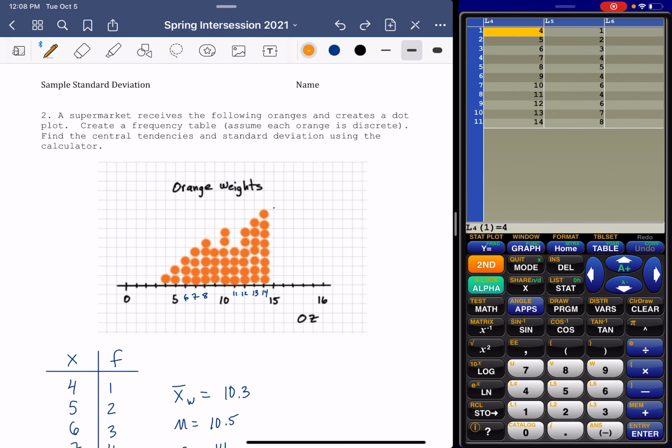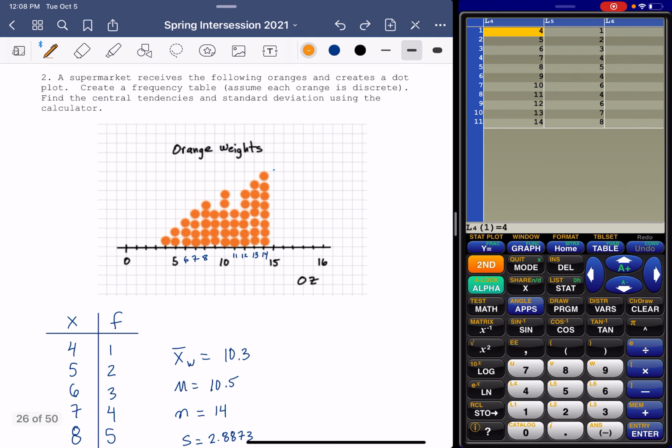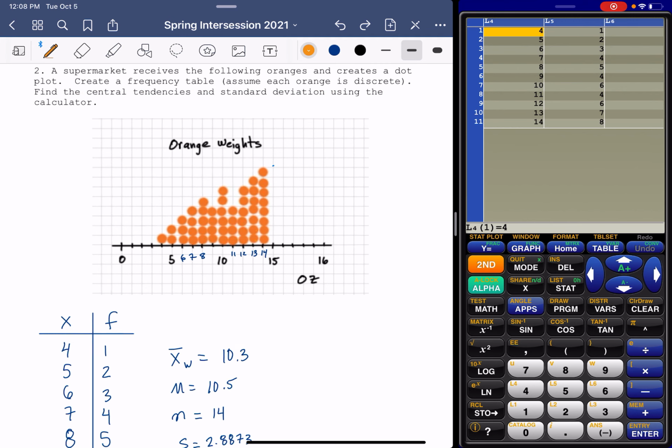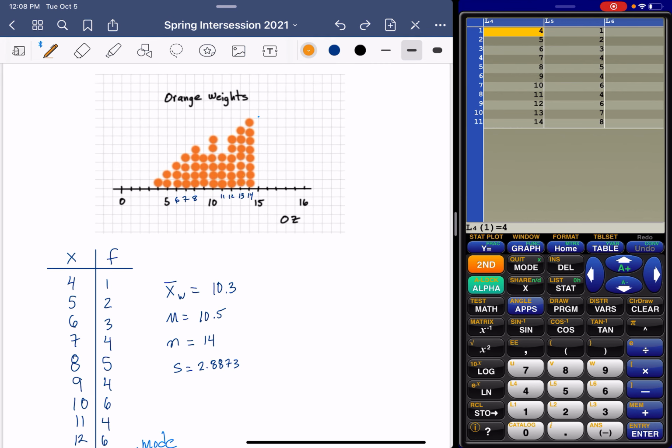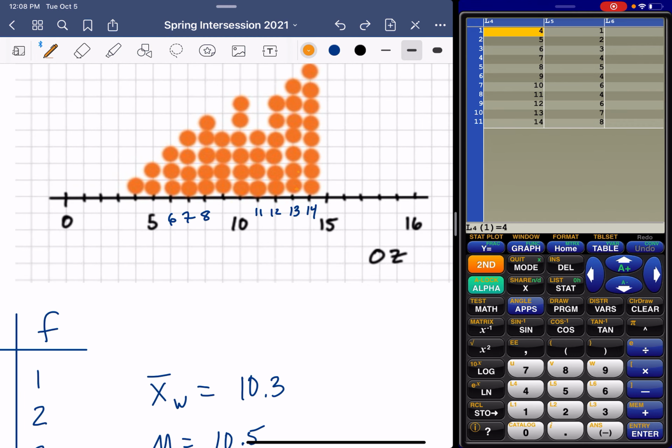Okay, so this is the dot plot. You need to know how to read the dot plot. And then we're going to put it in a frequency table. Assume that the values are discrete. So you can read these values: 0, 1, 2, 3, 4, 5. It starts at 4.